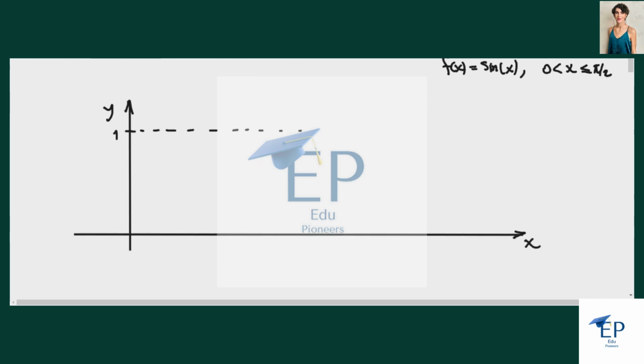So we have that 0 is not in the domain, so I draw this open circle here indicating that 0 is not included.